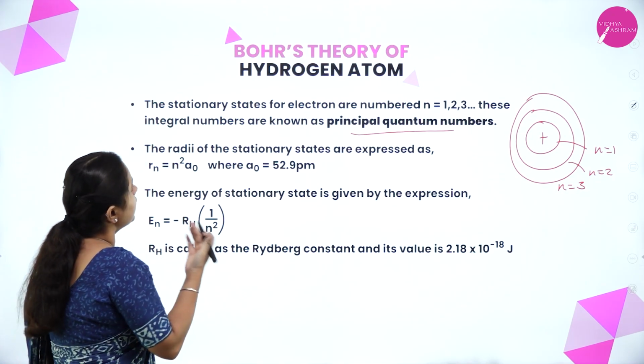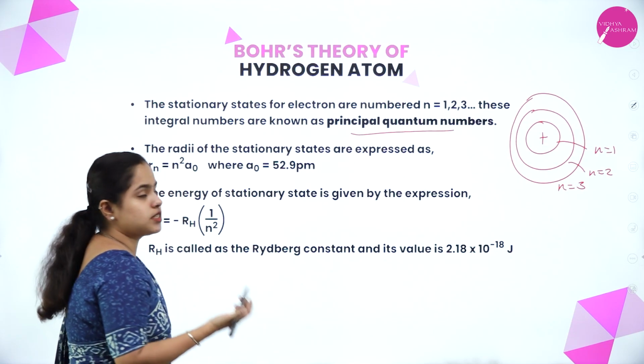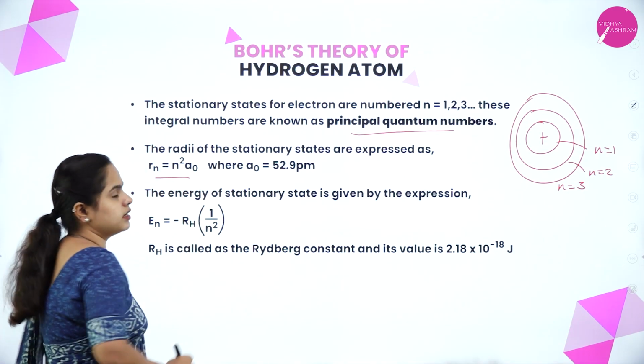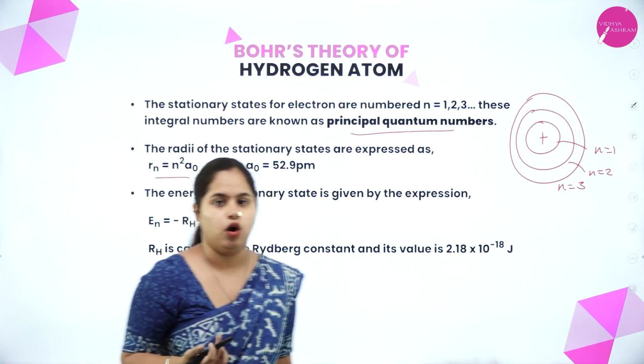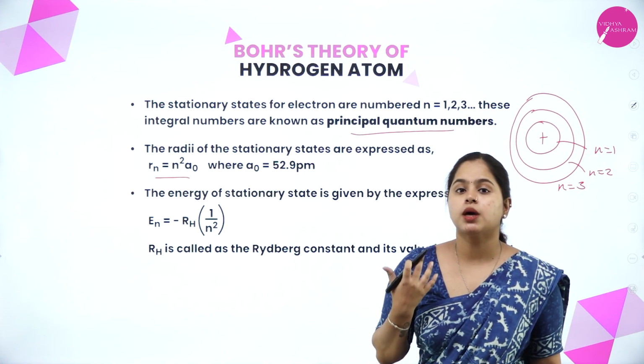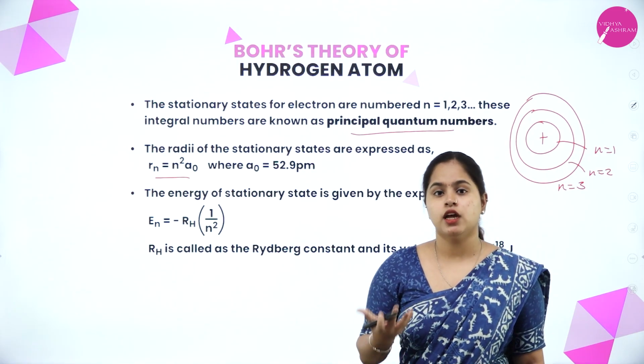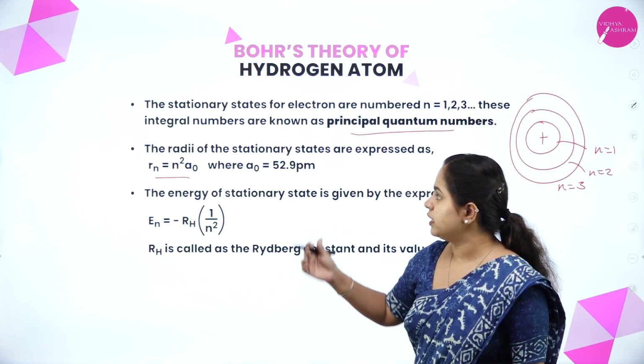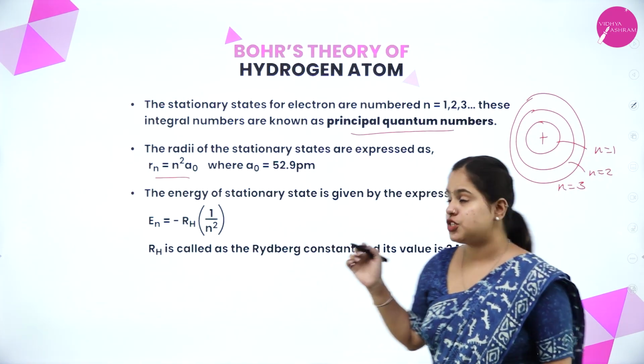Right. And the radii of the stationary states are expressed using the equation Rn is equal to n square into a naught. Yes, using Bohr's model of atom or Bohr's theory for hydrogen atom, we can calculate the radius of each of these stationary states.